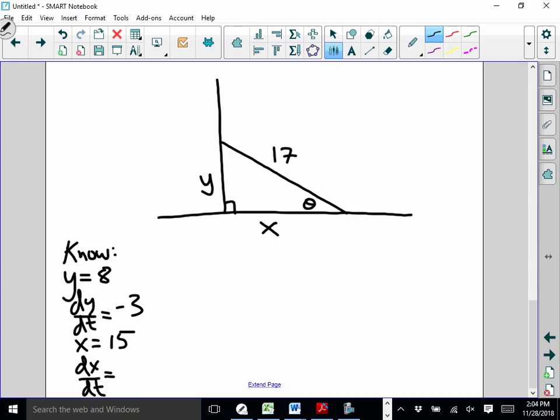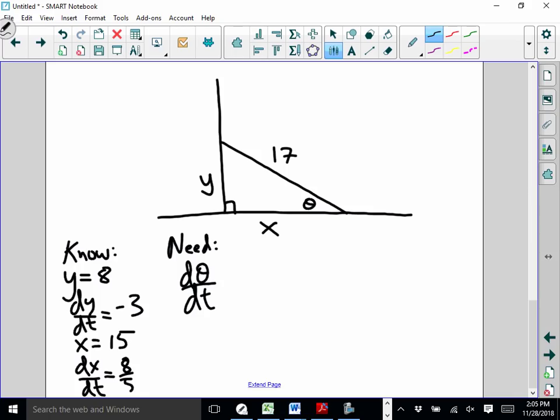Yep. I can now move that to my known column, right? Because I now know it. What I need now is d theta/dt. Okay, so I need to know the rate of change of that angle theta.